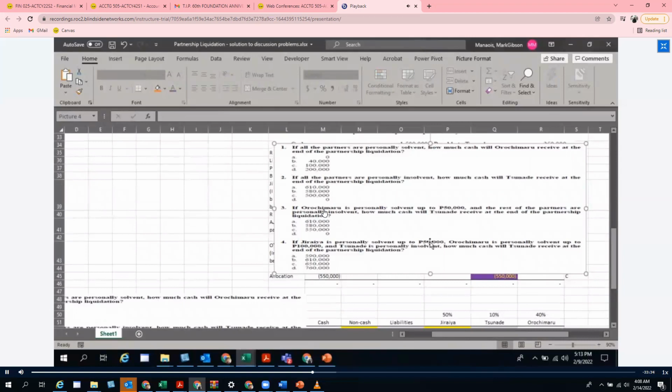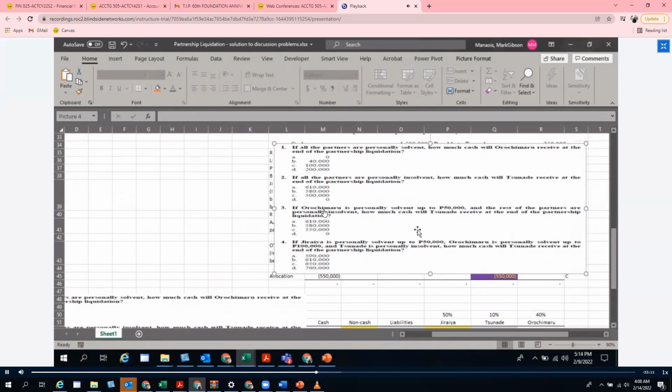Okay, so pag-usapan ngayon natin yung requirement number 3. If Orochimaru is personally solvent up to 50,000 and the rest of the partners are personally insolvent, how much cash will Tsunade receive at the end of the partnership liquidation? O notice class, ha, parang ginugulo na lang tayo ng problem na to.